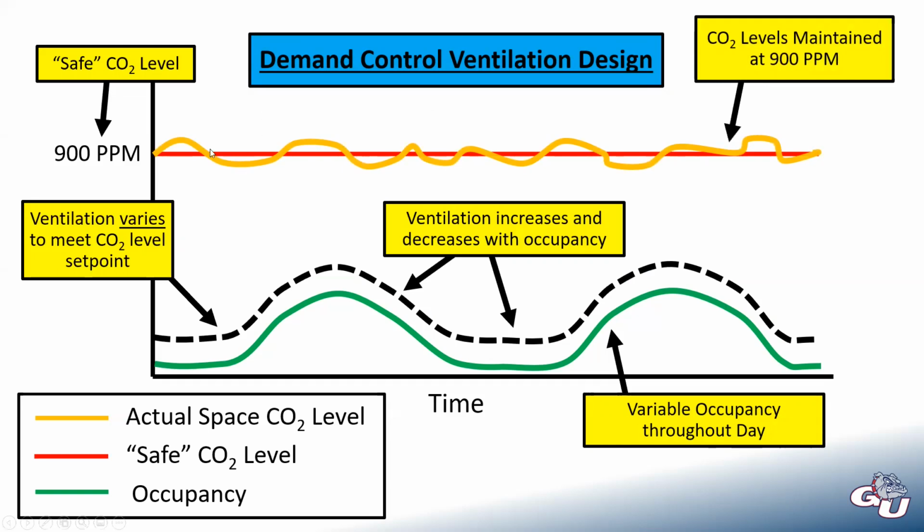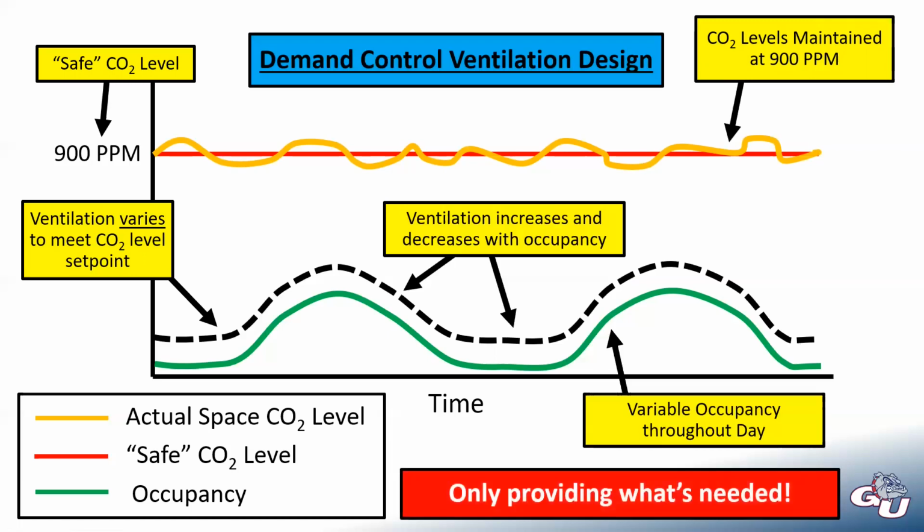And quick side note, if I set this at 900, just like a temperature set point, we will get some oscillation here. If I truly wanted 900 as my maximum upper limit, I'd have to set my set point a little bit lower, say 875 parts per million, because it's always going to go a little bit above and a little bit below, and it'll hover around whatever you set it at.